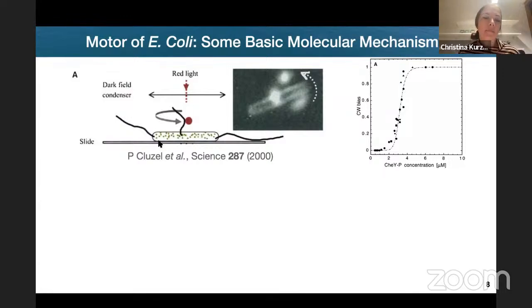And in this experiment, they were looking particularly at the concentration of phosphorylated CheY. And here it turns out if there's a lot of CheY-P present in the cell, the bias for the motors to rotate in a clockwise way approaches 1. So that means if there's a lot of CheY-P present, the cells tend to tumble, right? And that's the one thing I'd like you to remember.